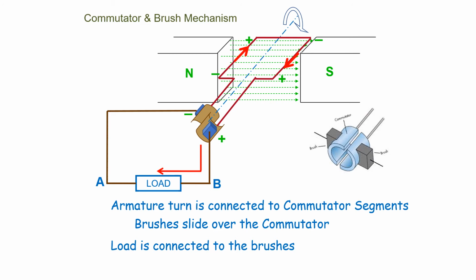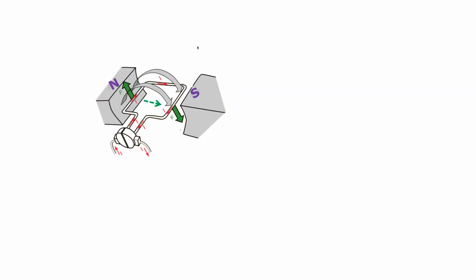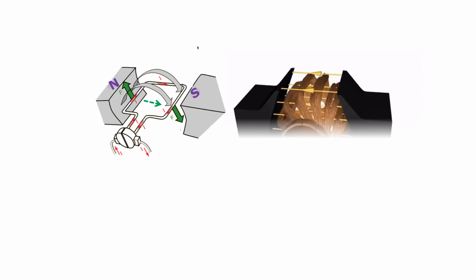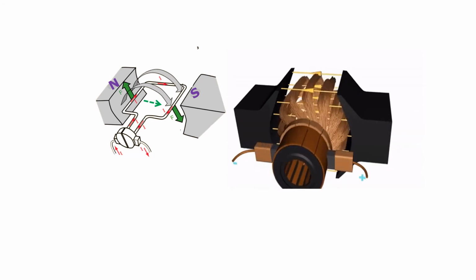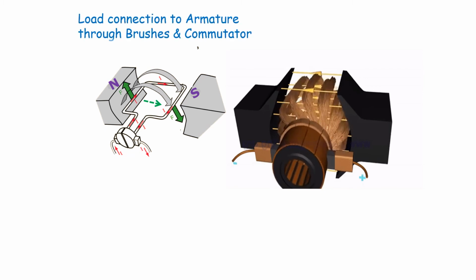You can see in this figure the commutator and brush mechanism. For a better understanding, you can observe when the commutator rotates, the brushes slide over the commutator. This figure shows the armature rotating clockwise. You can see in this animation the real armature along with the commutator rotating in the clockwise direction.